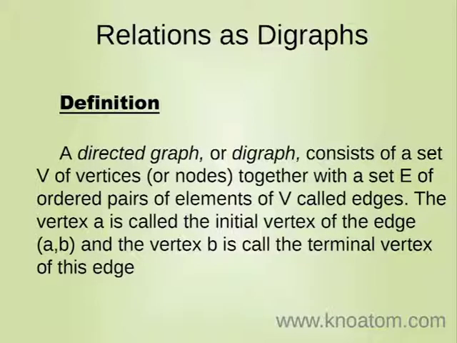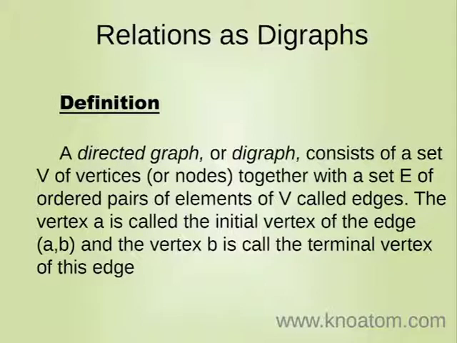So this is different from a simple graph or a non-directed graph where the edge between two nodes goes both ways. Now your initial vertex is pointing to your terminal vertex. It doesn't go both directions. So just because you have AB, it doesn't imply that you have BA.